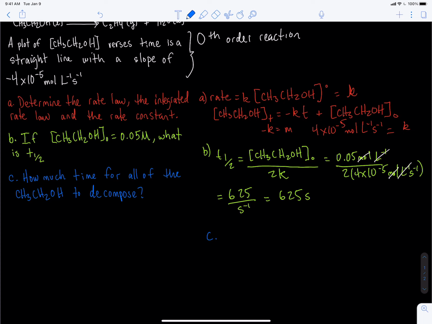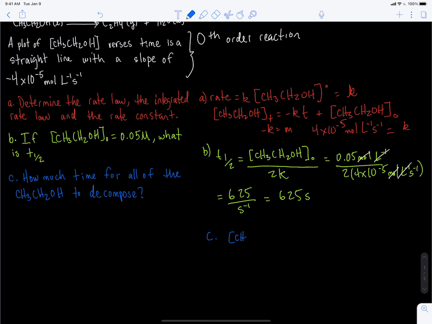So if we look at this equation that we already came up with up here, it takes the concentration of ethanol at some particular time and relates it back to the initial concentration over here. So the initial concentration is set. That's what we're given in the previous problem. So we know that.